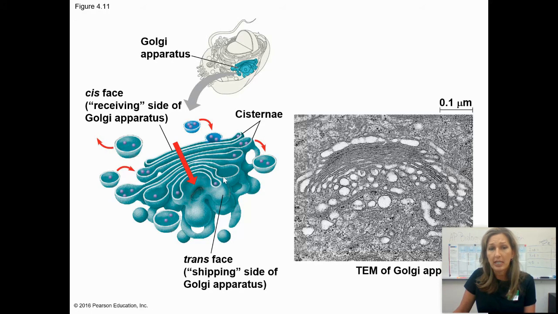So a lot of the proteins that are being formed here are destined for the cell membrane to be a transport protein through that plasma membrane or for export of the cell as well. But the Golgi apparatus is going to modify those proteins and then ship those proteins to the cell membrane again through transport vesicles.